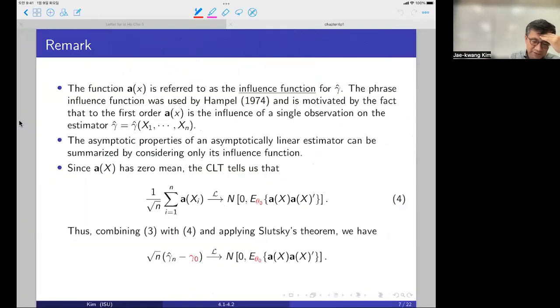This function is referred to as the influence function, introduced by Hampel, a professor at Harvard who worked on robust estimation at that time. Basically, what is the influence of a single observation on this estimator? So the asymptotic properties of an asymptotically linear estimator can be summarized by considering only its influence function.